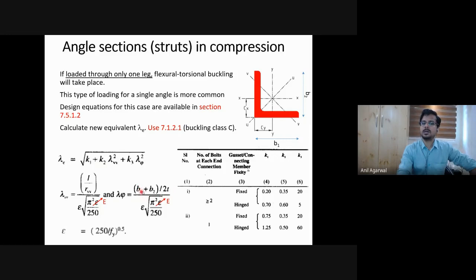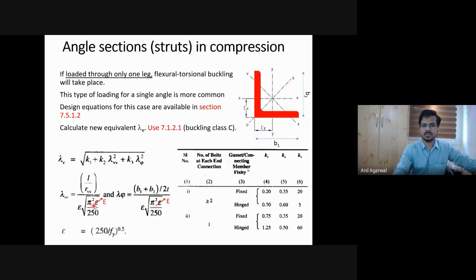If you are being taught torsion right now, or you will be taught torsion in advanced structural mechanics soon, then you will see that you deal with these terms, b1 plus b2 by 2t, for the torsion constant of angles. So this is in a way a torsional term, lambda phi. Lambda VV is the flexural term about the VV axis, and then combined you have an effective lambda.